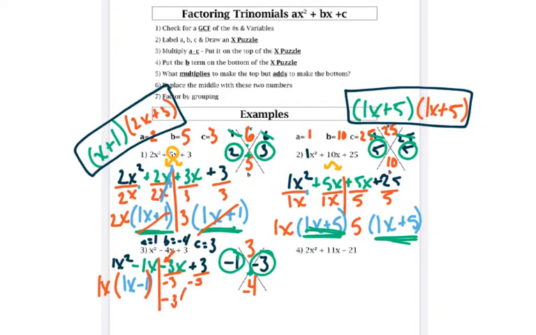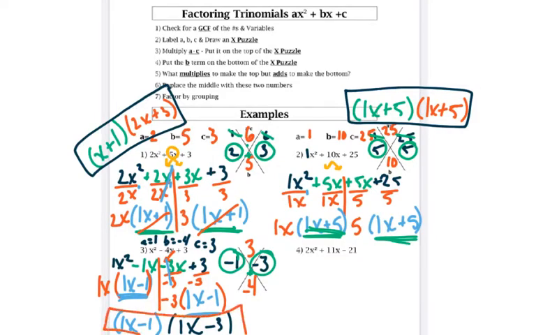That's the only way that they're going to match. Negative 3 divided by negative 3 is 1 with an x. 3 divided by negative 3 is negative 1. Voila, my parentheses match. 1x minus 1. The numbers chilling in the front were 1x minus 3. Factored.